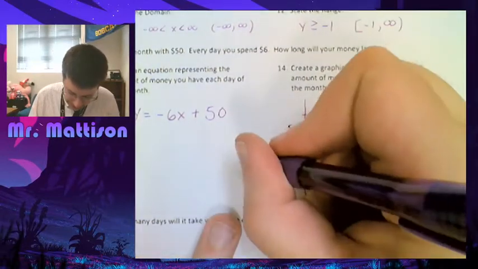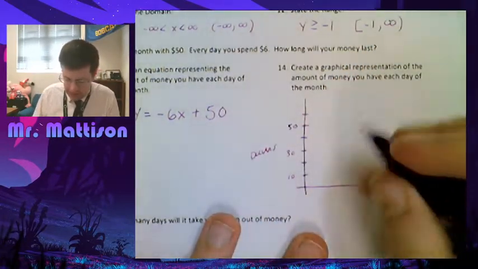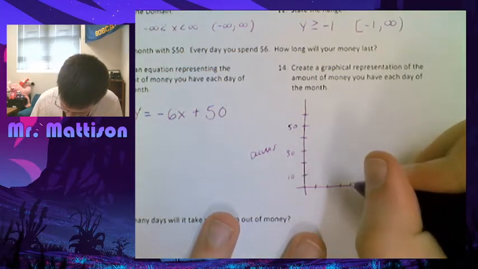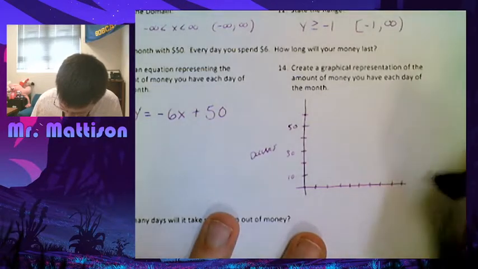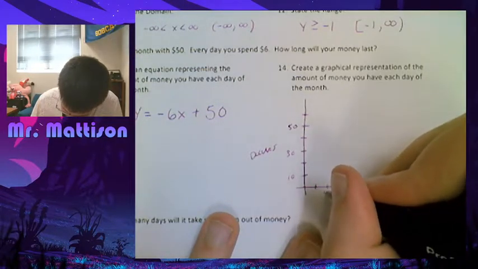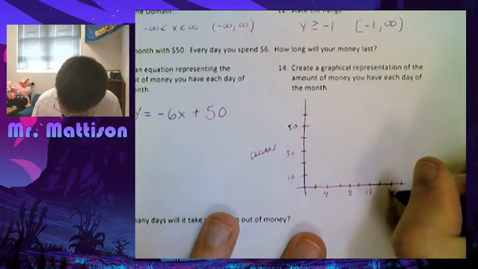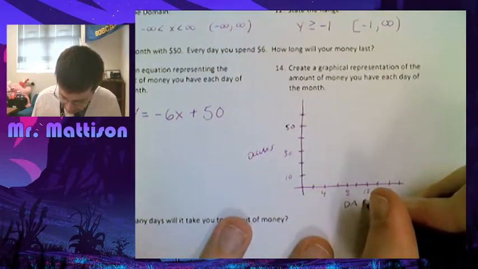And this is dollars. And then here's going to be my days. 2, 4, 6, 8, 10, 12, 14, 16, 18. Okay, so labeling those out. Here's my days.